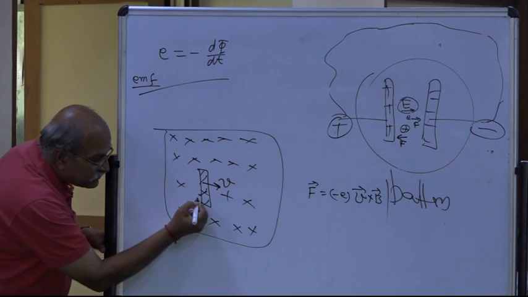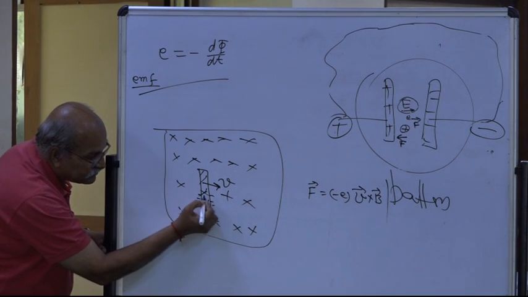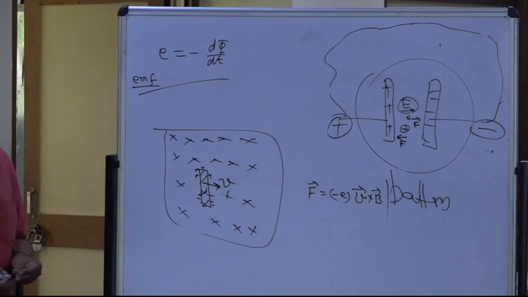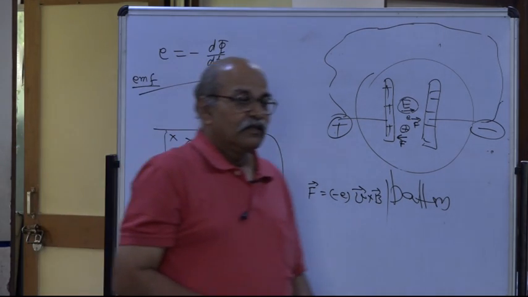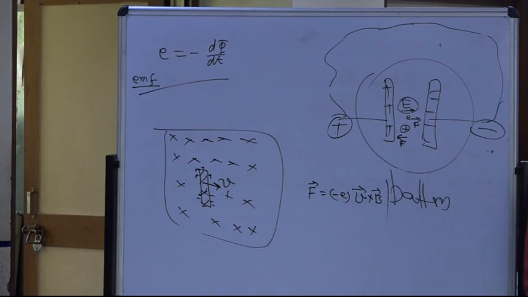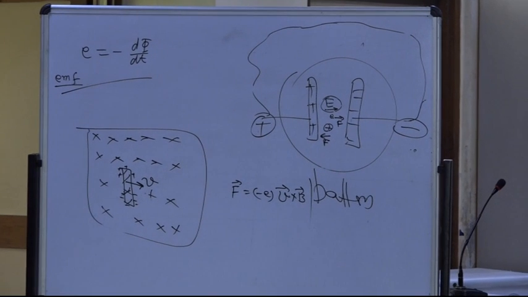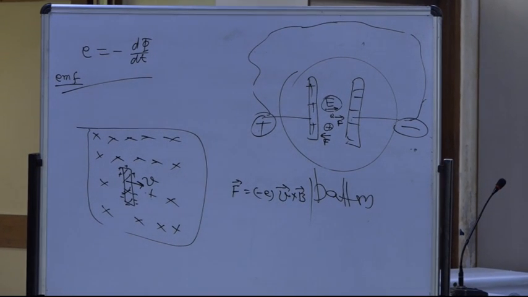So the electrons will go to this end, and the leftover side will be positive. Now the charges are separated; an electric field will never separate the charges. So this is the driving force. It is separating the charge, putting plus on one side, minus on the other side.